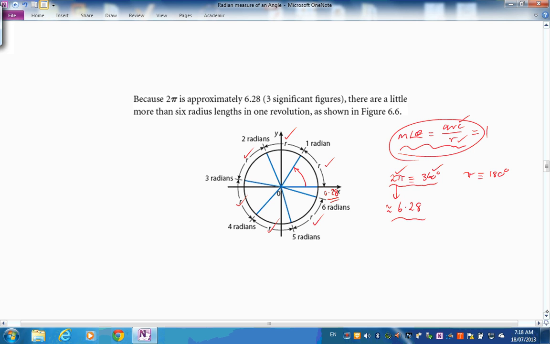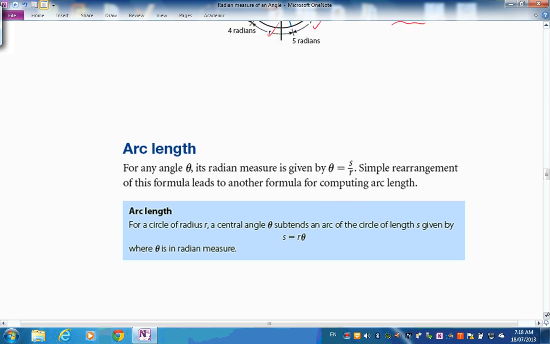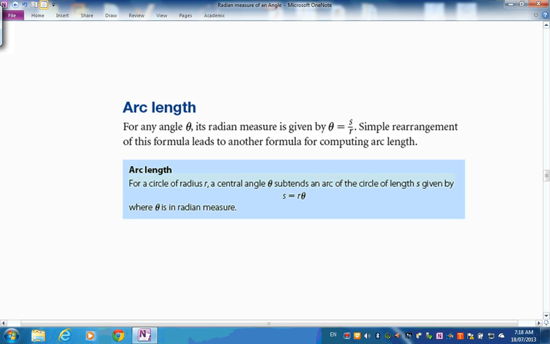Okay, let's do some more and then finish up. So this is very important now. It's all centered around changing the degree of opening of an angle to some measure of arc length and radius, here, S and R. So if the measure of the angle in radians is S over R, if we rearrange it, multiply across, we can say the arc length is R times theta.